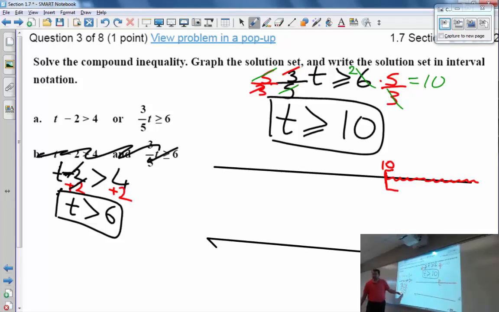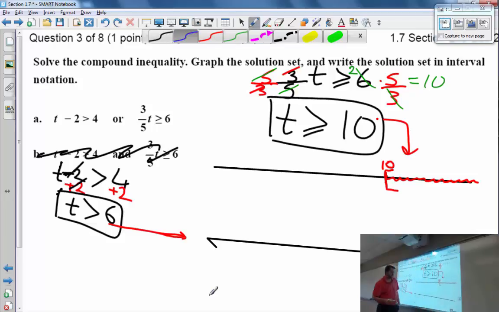Now let's graph this one there. I'm going to pick another color for that. Let's go with blue. All numbers greater than 6, so I start with 6. Where is 6? 0 here, 10 there, so 6 is about somewhere here.